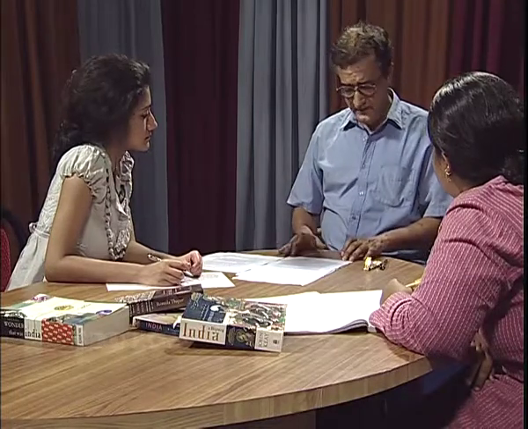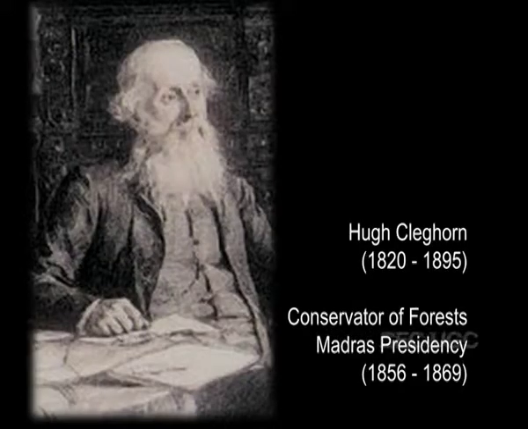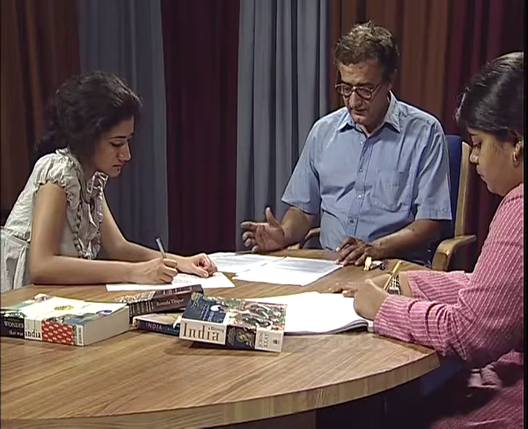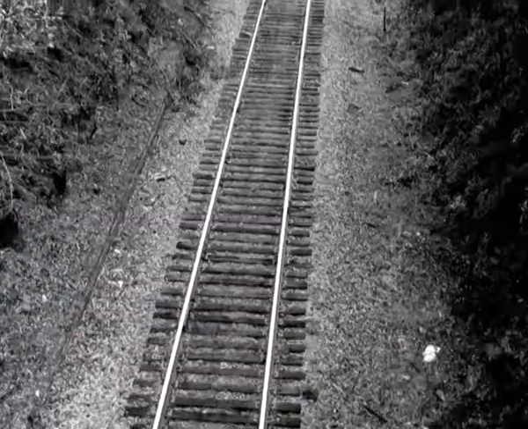Now, one of the most vivid descriptions of the transformation in the ecological landscape wrought by the railways is found in a book by Cleghorn, which is captioned "The Forests and Gardens of South India." Cleghorn writes that the Melghat and North Arcot hills, formerly crowned with timber, were now to a considerable degree laid bare by the insatiable demand of the railways.